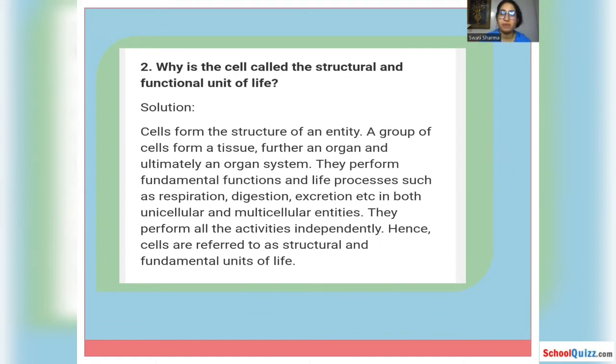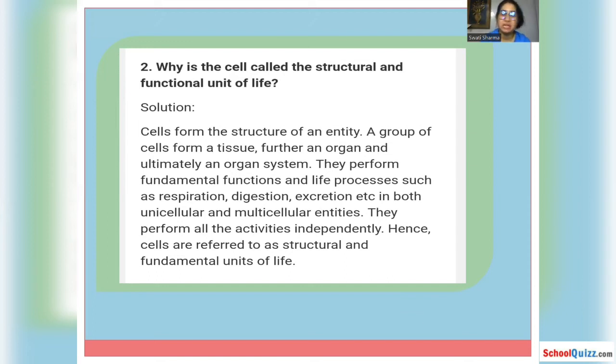And then further, they will perform fundamental functions, like various life processes. They can be involved in the process of respiration, digestion, and excretion, and these processes can be seen in both cases, whether unicellular organisms or multicellular organisms. And all these activities are performed independently.